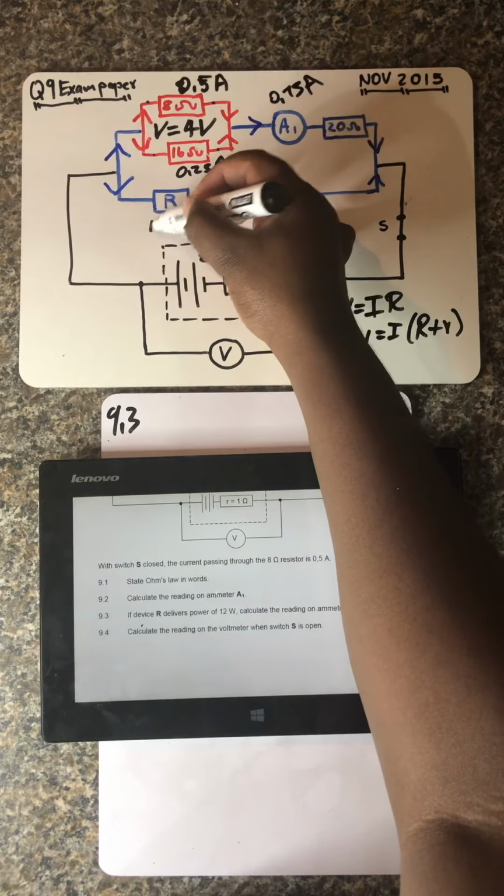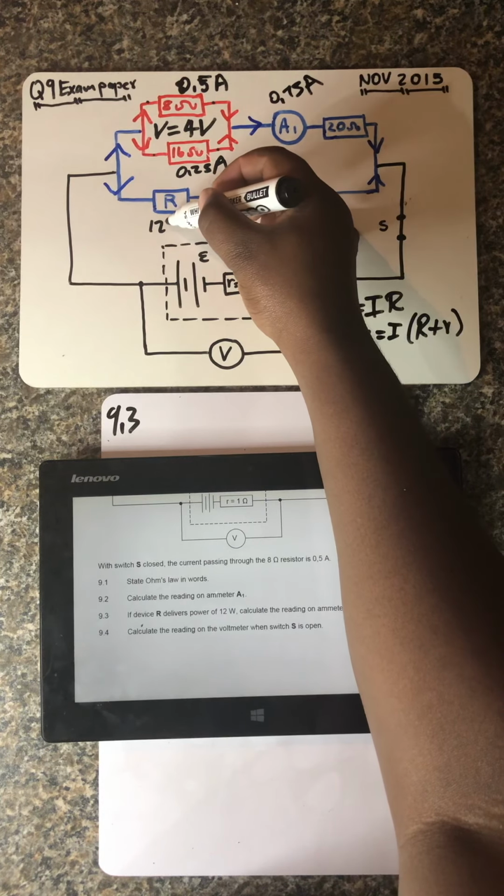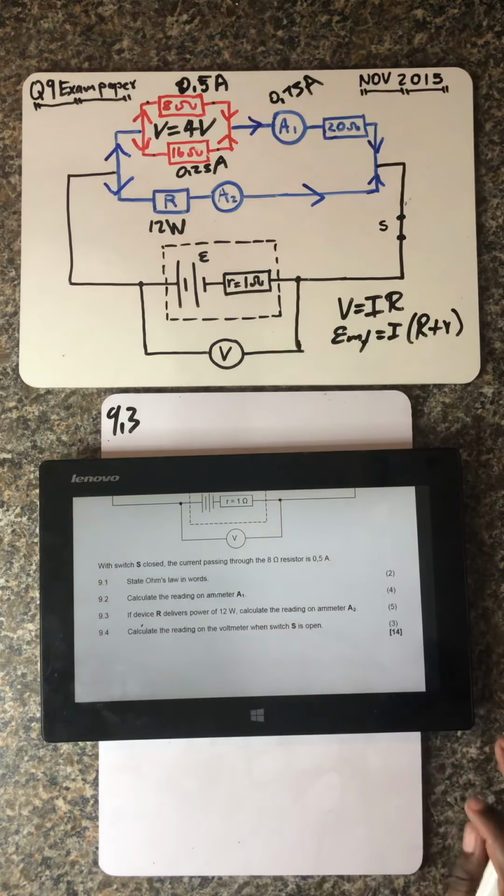So let's see if it delivers power of 12 watts. Okay, then calculate the reading on ammeter A2. So guys, for the fact that we're given a power there, we might need to know the formula for calculating power, because at some point it might assist us to calculate what the question wants.